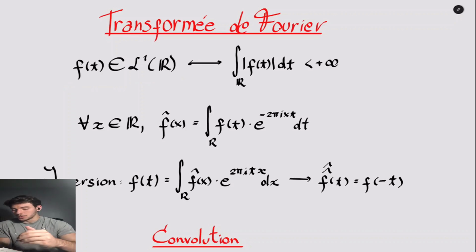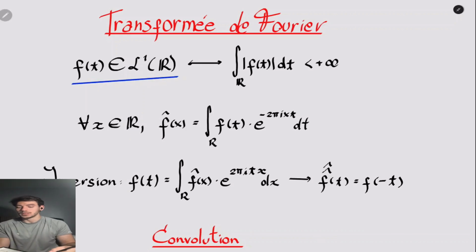All right, so once you've proved that your function belongs to L1, now you can do the Fourier transform. For all values of x belonging to the real numbers, the f of x with a little hat indicates that it's the function transformed.